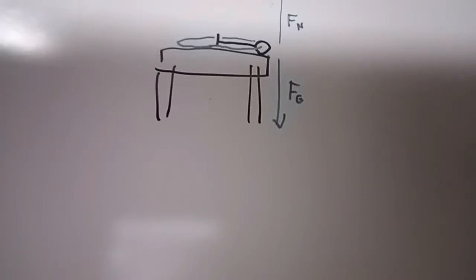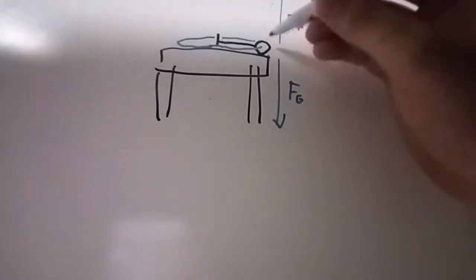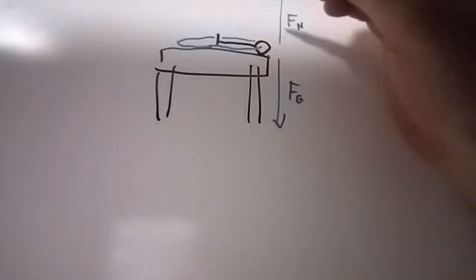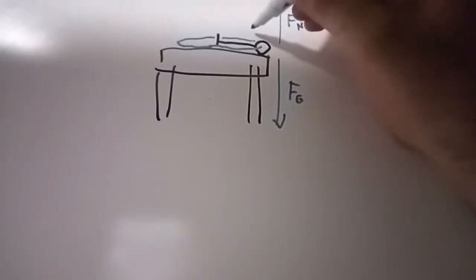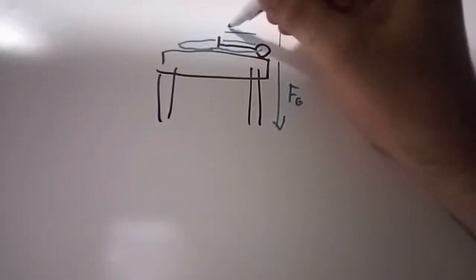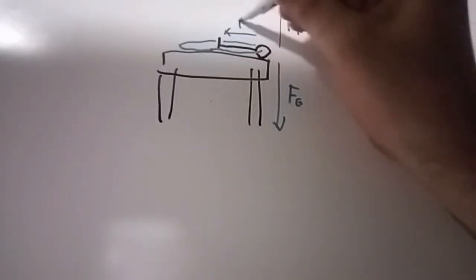Now, one thing that we're not accounting for is the forces in the horizontal direction, or the centripetal force. In other words, the force that is acting radially inward on this object to keep it in this circular path. And so I'm going to draw that in right now, and we're just going to call that the centripetal force for now.